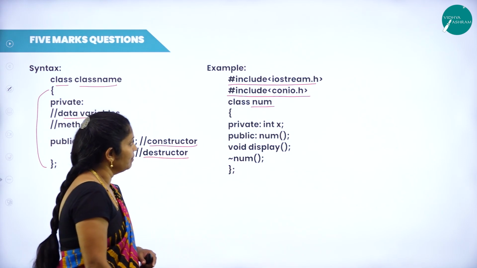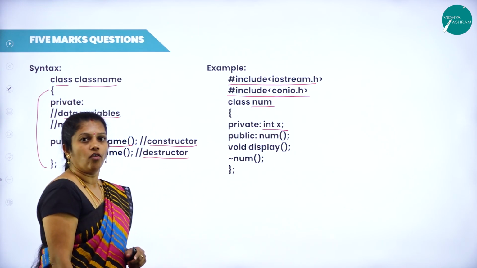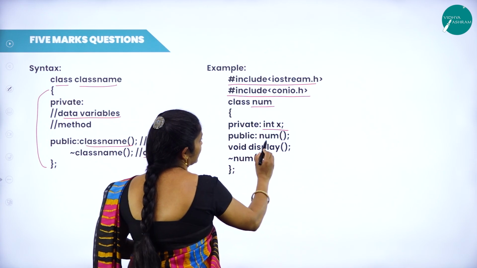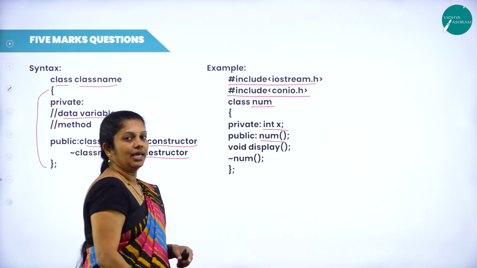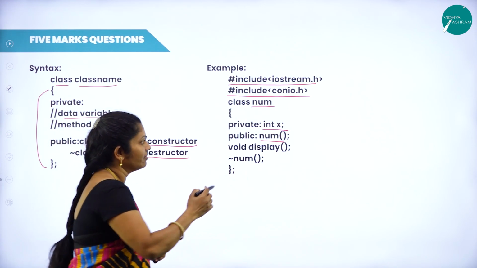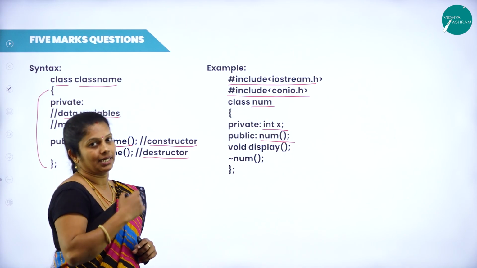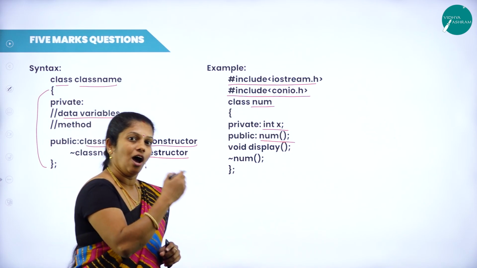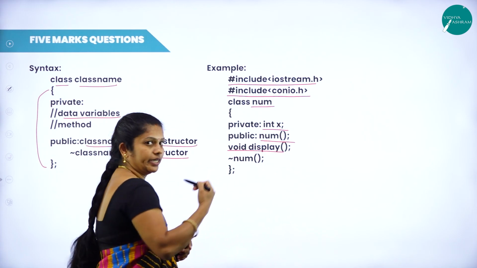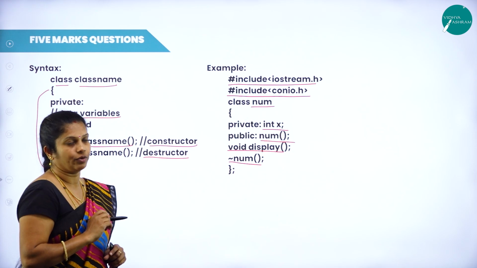In the private section, we take only one variable x of integer type. In the public section, we take Num, which is the constructor function, and here we write a semicolon. It means that now we can write the definitions outside the class also. Then a void display function to display the result. Then here we are using the destructor function.